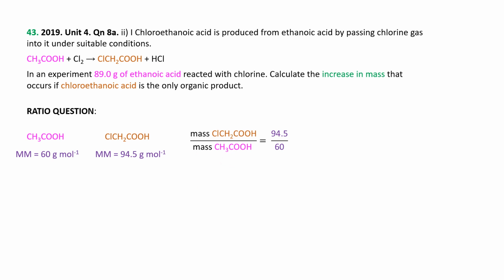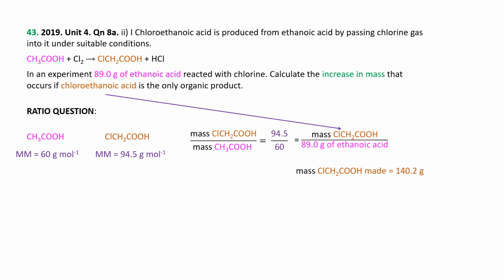Then, of course, we know the mass of ethanoic acid was 89. So we just multiply it through, and that gives us that the mass of the chloroethanoic acid was 89 times 94.5 divided by 60, or 140.2. So the increase in mass is 140.2 minus 89, or 51.2 grams.